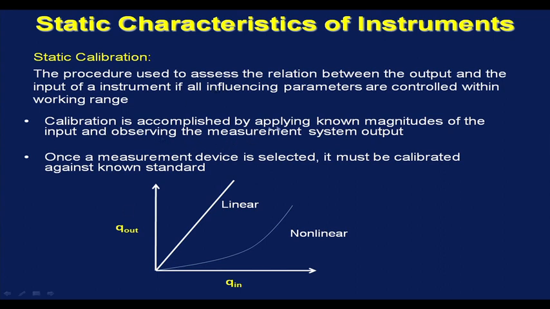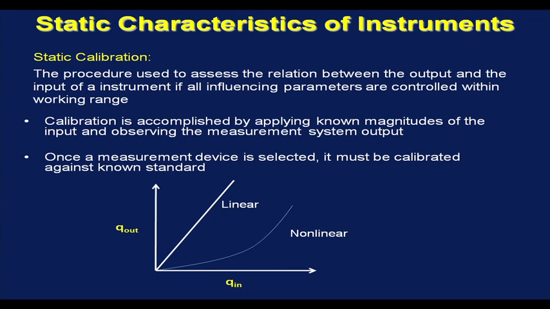Calibration is accomplished by applying known magnitudes of the input and observing the measurement system output. So, what we do is as follows: all inputs, desired, interfering or modifying inputs except one are kept at some constant values.